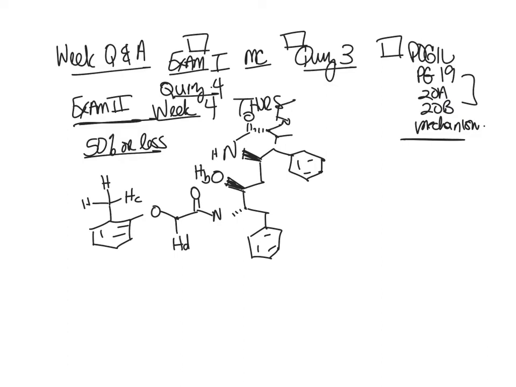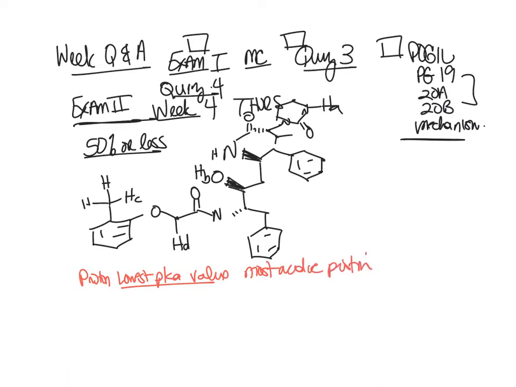I'm trying to draw this big molecule here. And so let's look. You're supposed to choose the proton with the lowest pKa value. So hopefully you understand that the lowest pKa value means your most acidic proton. And so if you go back to chapter 3, talking about the different protons and which ones are acidic, you can apply your principles.